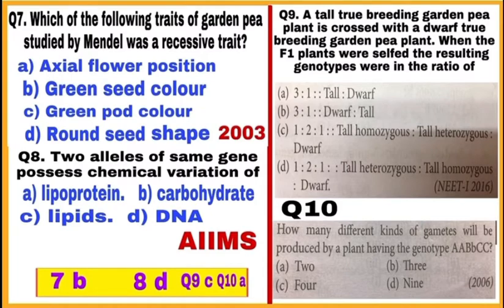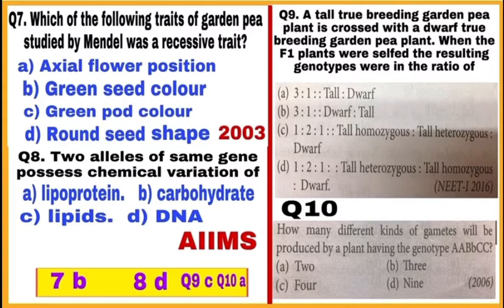When true tall plants are crossed with pure dwarf plants in pea, then in F1 generation all are tall plants and in F2 generation the phenotypic ratio is 3:1, in which 3 are tall plants and 1 is dwarf plant. And genotypic ratio is 1:2:1, in which 1 is tall homozygous, 2 are tall heterozygous and 1 dwarf. So correct option is C.